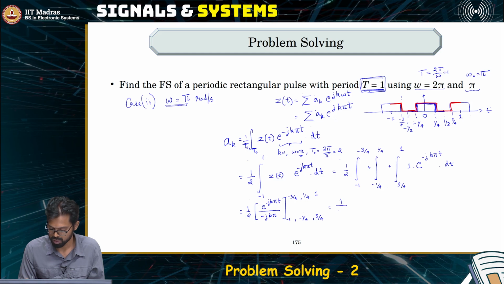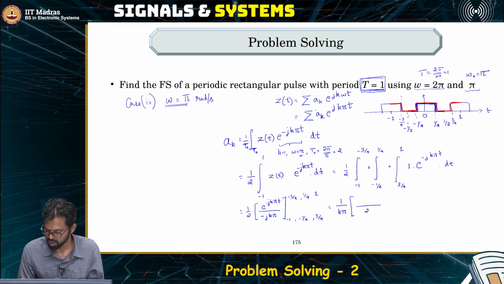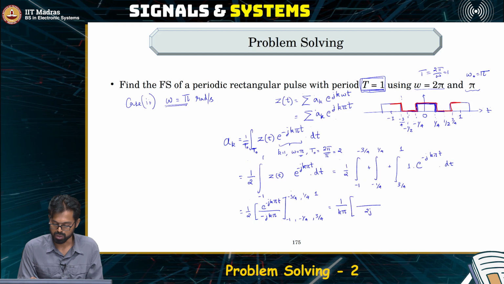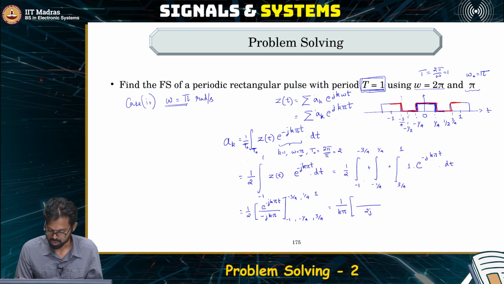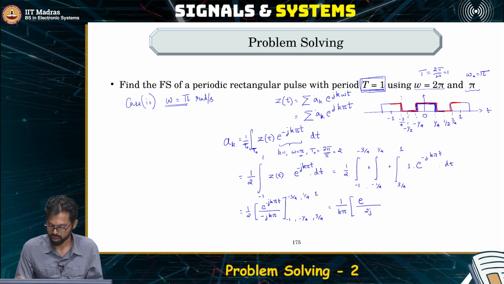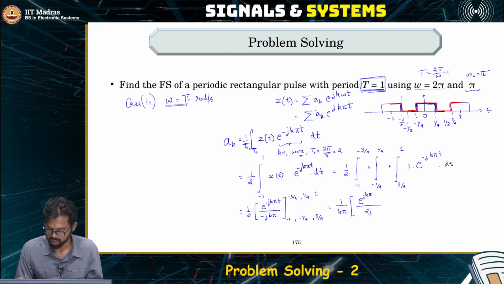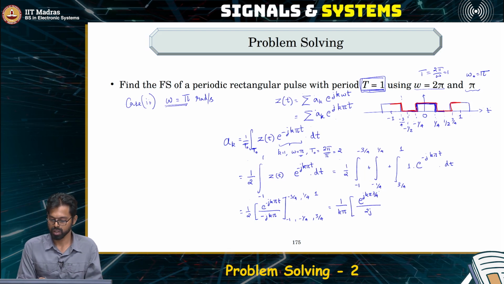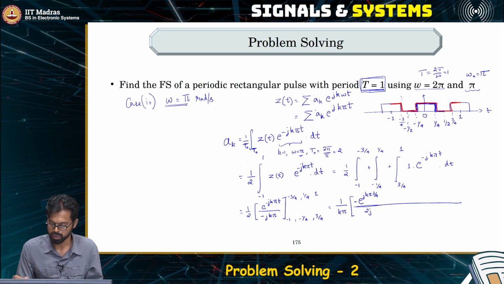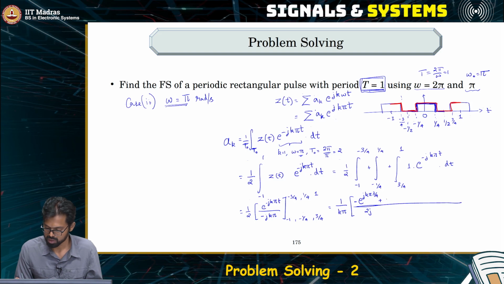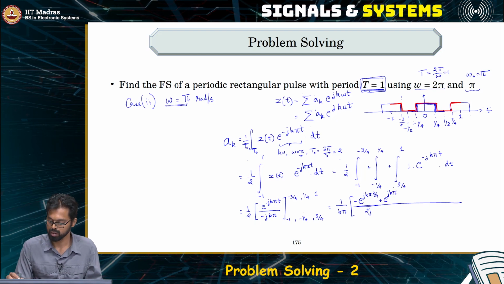We can pull this 1 by k outside and have 2j here. So let's first substitute minus 3 by 4 and -1. Substituting that, we get e power j k pi 3 by 4, and there is this minus here which comes here, and this minus 1 gives plus e power j k pi.